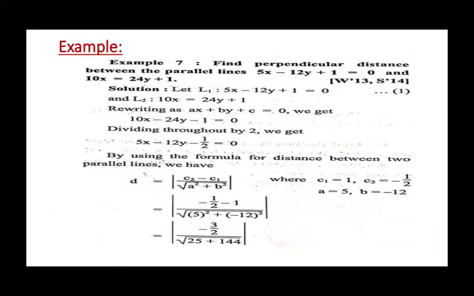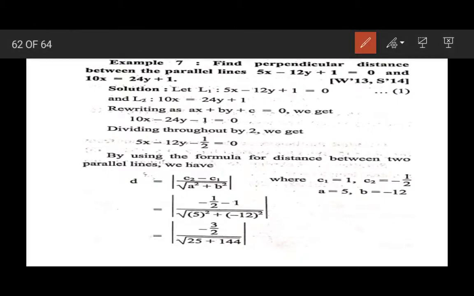Now let us see the example. Find perpendicular distance between parallel lines 5x minus 12y plus 1 equal to 0 and 10x is equal to 24y plus 1.